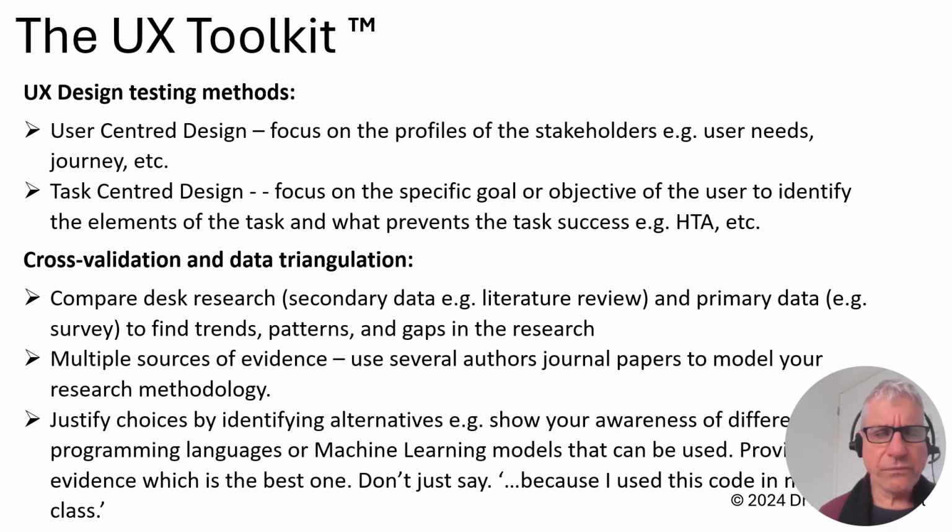So there are a number of things that we're trying to get people to understand about the process of this UX development. One is to be able to have user-centered design, where we're focusing on the client or the customer, and then the second is on the task itself, trying to accomplish the task.